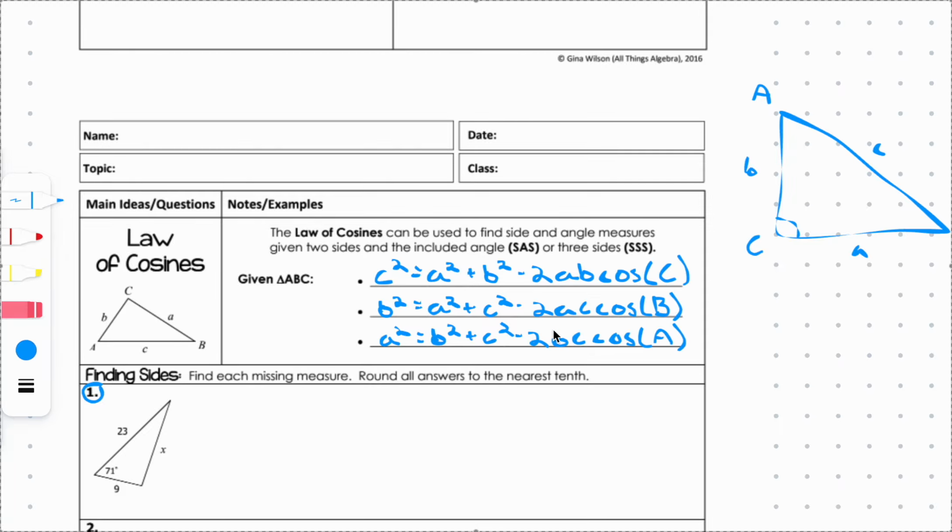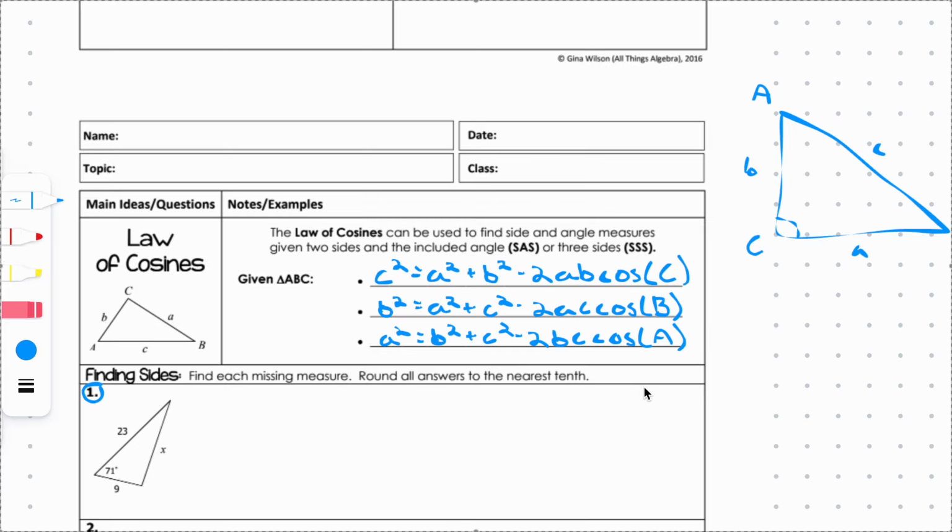And so you notice how I sort of remember this is we have that a squared plus b squared are those two sides squared, almost like the Pythagorean formula. And then we just take those side lengths and we use that when we subtract 2 times those two side lengths multiplied together times the cosine of whatever angle is opposite of the side we're trying to find.